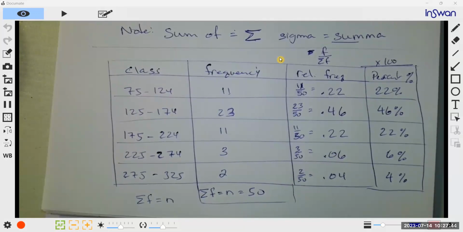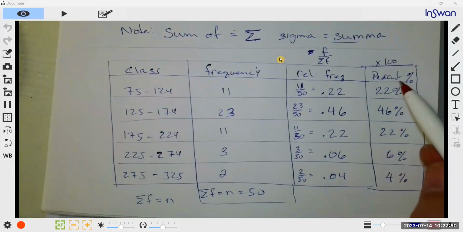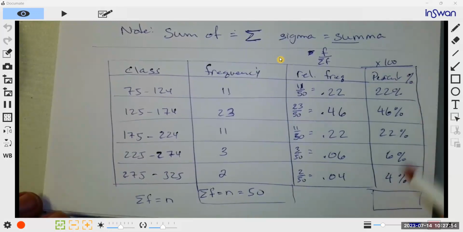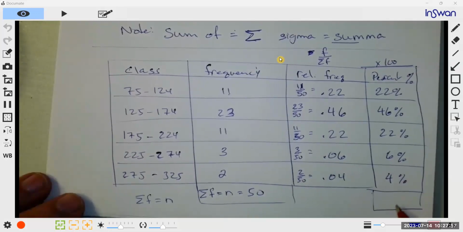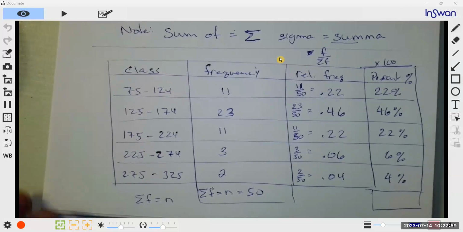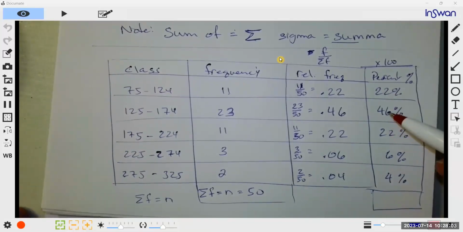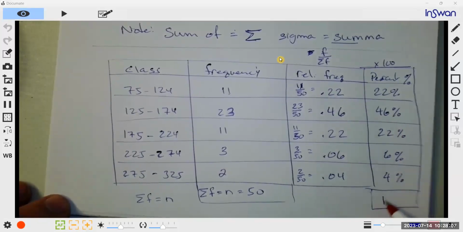Now here's our second check. If we add up all the percentages, if it's good, it should equal 100. So 22 plus 22 is 44. 44 plus 46 is 90, plus 10 is 100%.